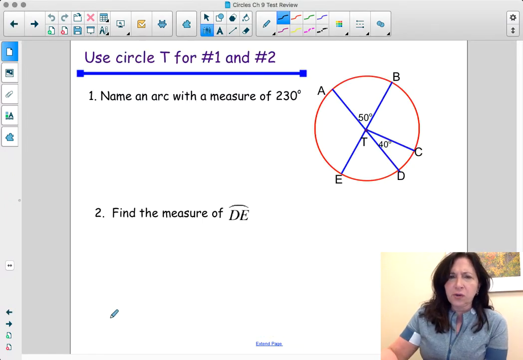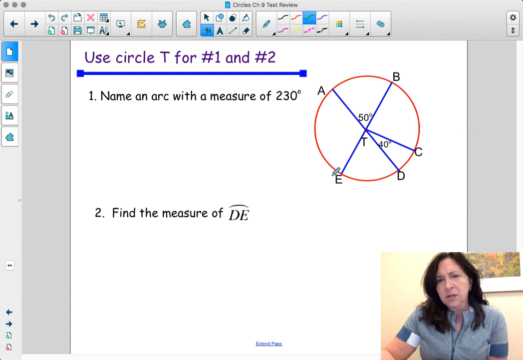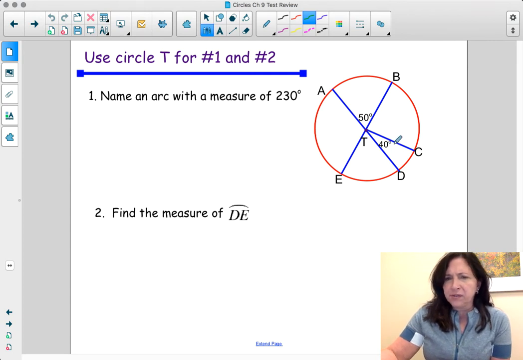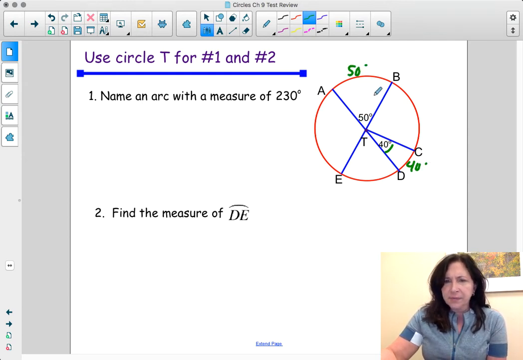Getting started, we're going to use circle T for problems 1 and 2. We're going to name an arc that has a measure of 230 degrees. Before we do that, we need to fill in the rest of the circle arcs. We have this central angle being 40 degrees. If that's 40 degrees, so is that. If this is 50, this is also 50 degrees.